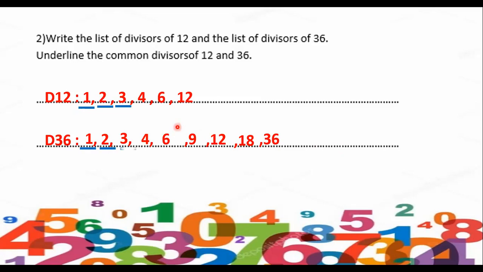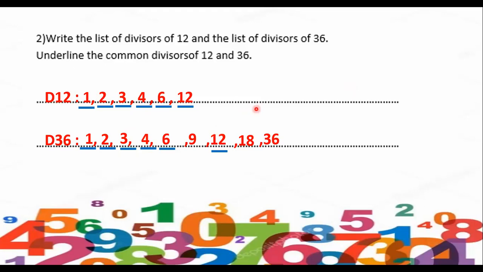Bravo. 4, 6, and 12. Excellent. Thank you very much. So the common divisors of 12 and 36 are 1, 2, 3, 4, 6, and 12. Okay, I'm going to send you the correction on WhatsApp.